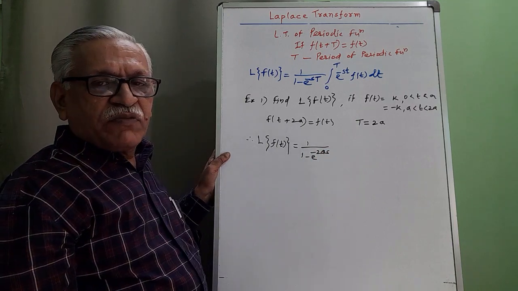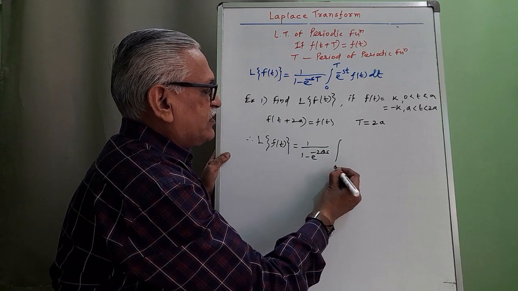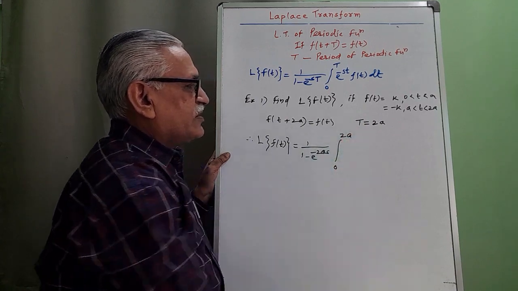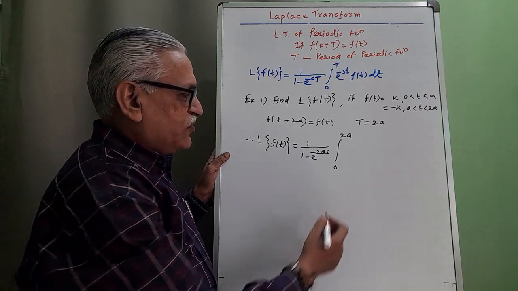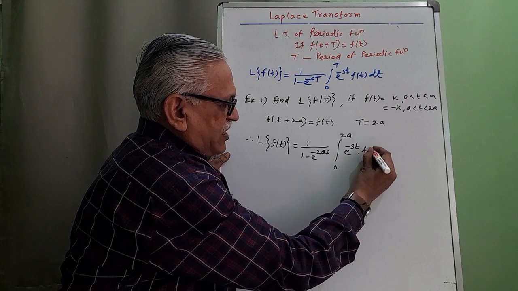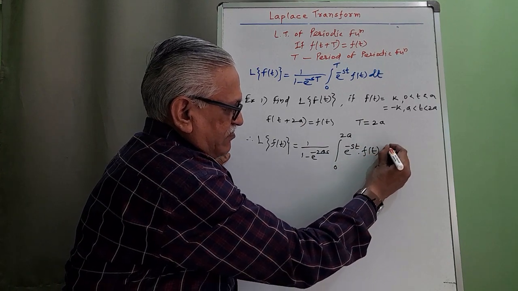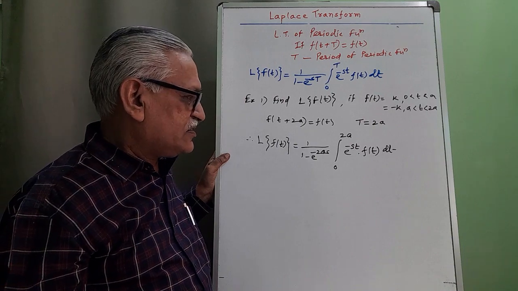therefore it becomes minus 2as. Integral from 0 to capital T, 0 to 2a. 0 to 2a is not a continuous range, therefore we keep this term e raised to minus st into f of t as it is. I am not substituting the value at this stage.